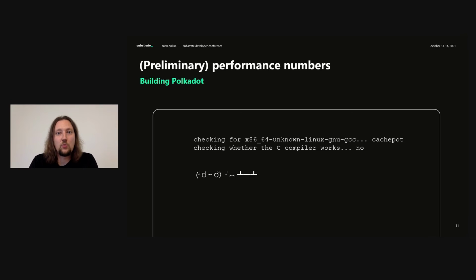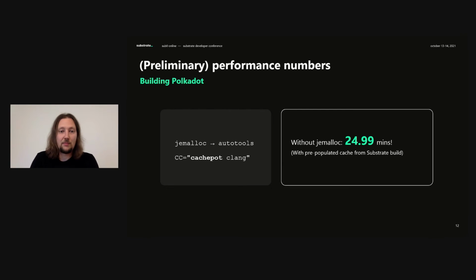The work is underway to make all of that fixed, and actually there have been some significant improvements, even while I was coming up with those slides. But still, the problem is that to build Polkadot, you need gmalloc, and gmalloc assumes autotools, and autotools is basically a glorified set of bash scripts, which absolutely stagger when they see that your C compiler is wrapped in some sort of a Cachepot thing.